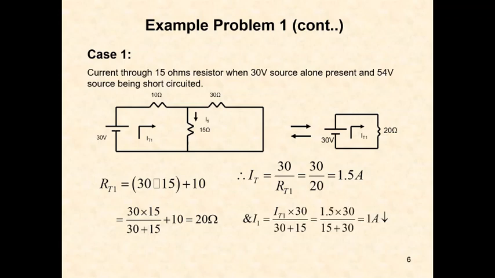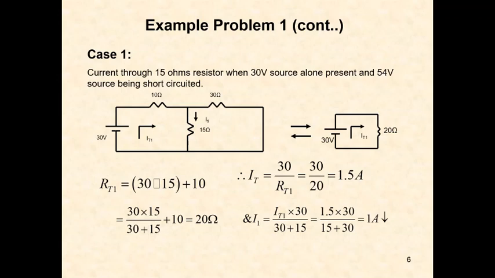The current flowing through the 15 ohm resistor is IT into 30 divided by 30 plus 15, that is 1.5 into 30 divided by 45, which equals 1 amp.